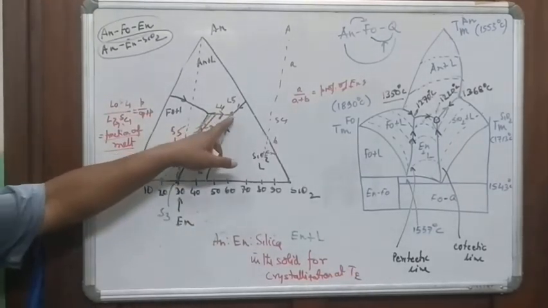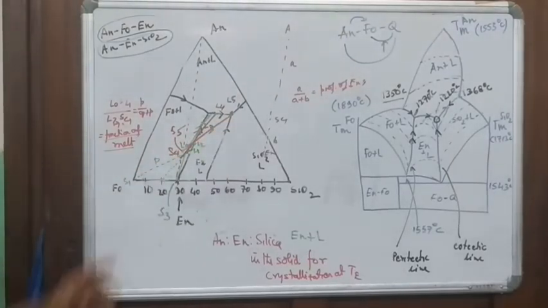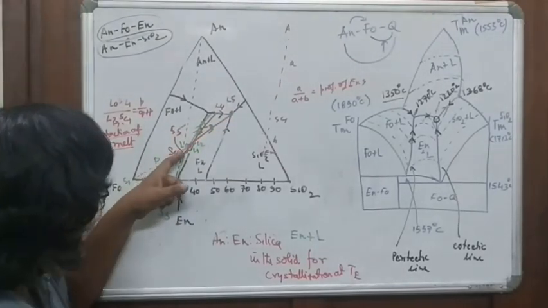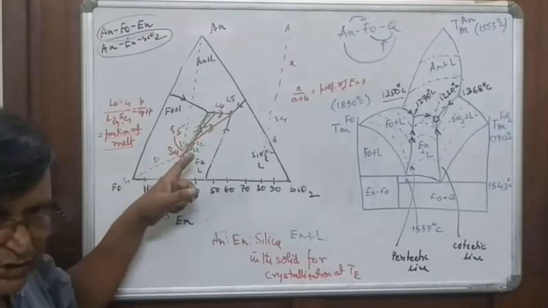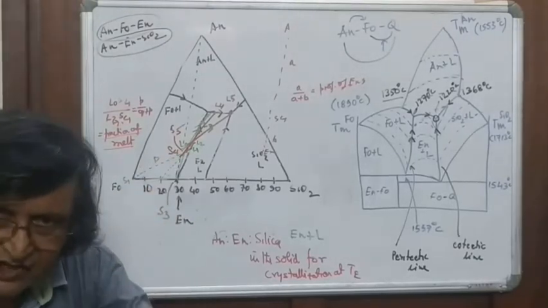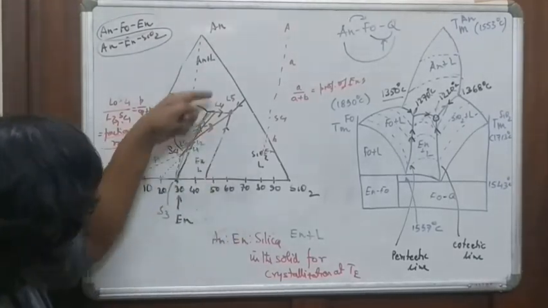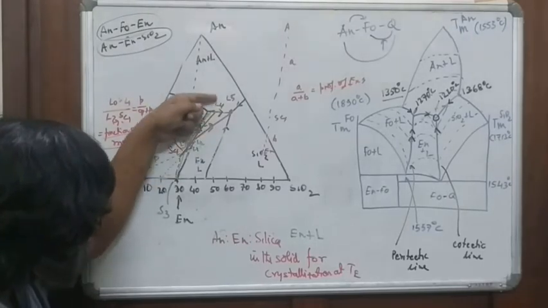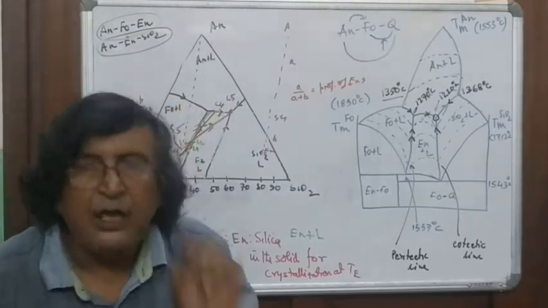How will you find out? At this point, what will you crystallize? Previously, you started crystallizing forsterite, then the forsterite got exhausted, then you started crystallizing only enstatite, then enstatite and anorthite, then enstatite, anorthite, and silica.